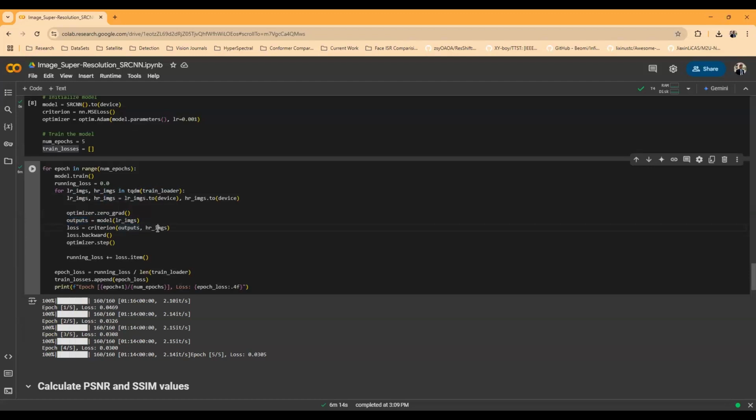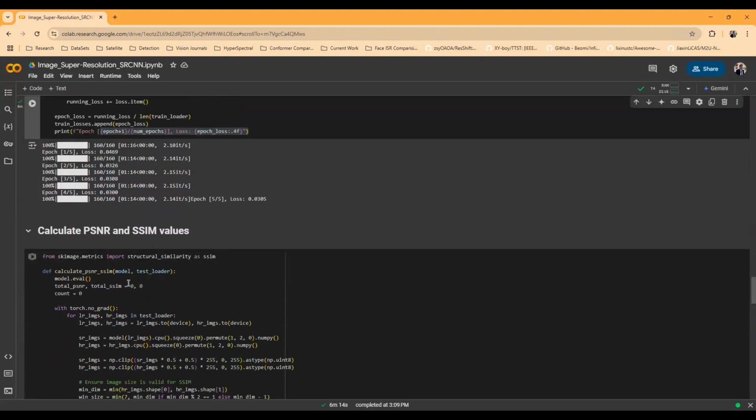Based on this output and the actual HR image, we evaluate the MSE loss, backpropagate it through the model, and go to the next step, adding the calculated loss to the train losses. The epoch loss is the entire train loss divided by the length of the train loader, giving the average loss for a particular epoch. You can see these losses going down with every epoch. So this was the entire training.